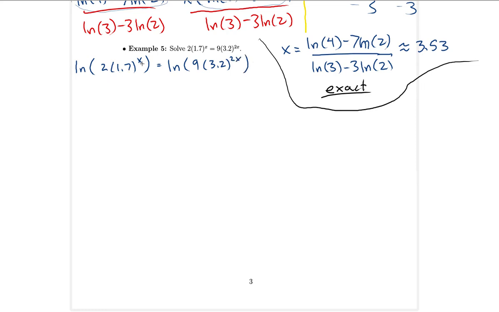Okay, so before using the power rule, we break it up with the multiplication to logarithm addition rule.